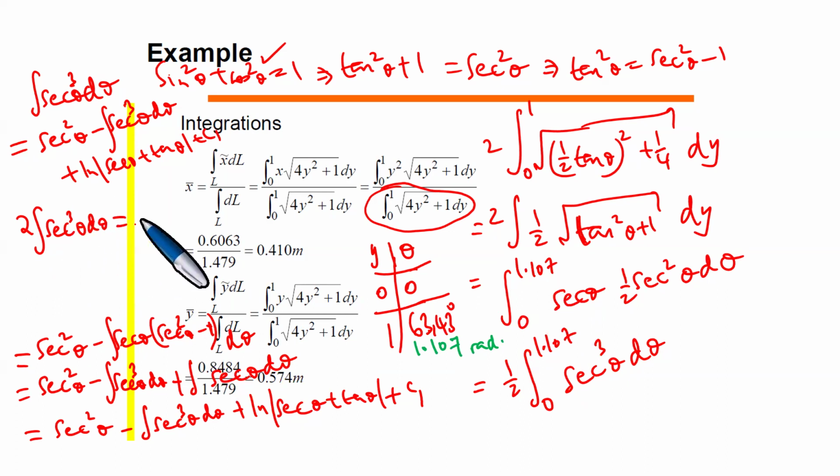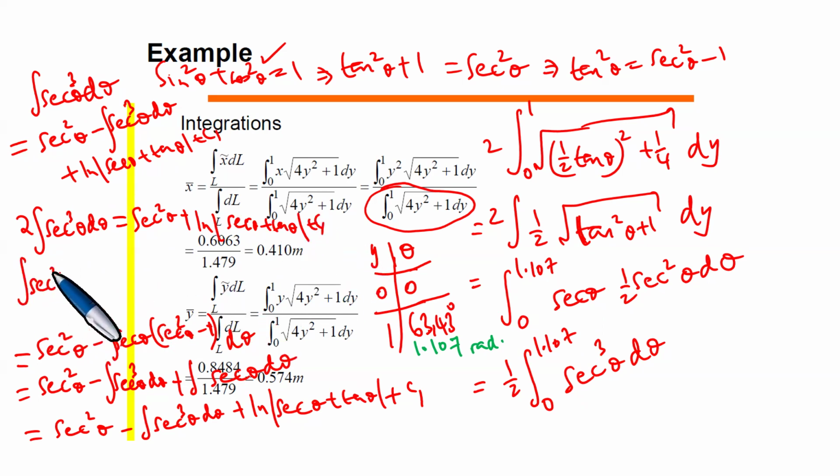So this is then equal to sec squared, minus, rather plus. This one we move to the other side. So it's sec squared plus the ln of sec theta plus tan theta plus C1.